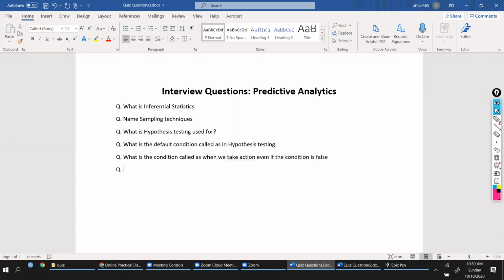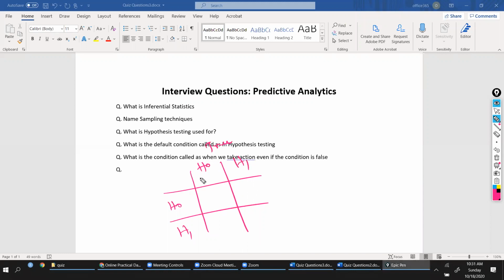So whenever we talk about hypothesis, immediately you have to come up with this table, right? So we have H0 here, H1 here. Here also we say H0, this is the true condition assumed, and this is H1. Now if H0 and H0 are true, then what is this condition called?